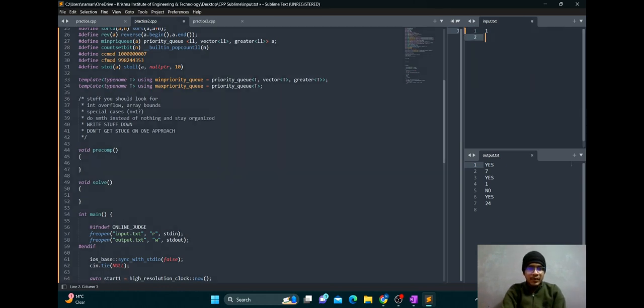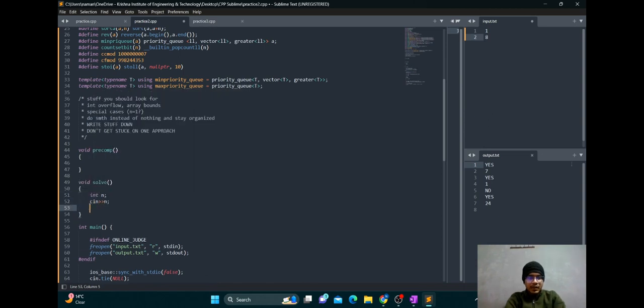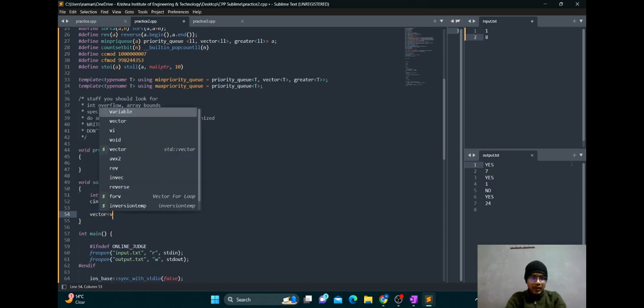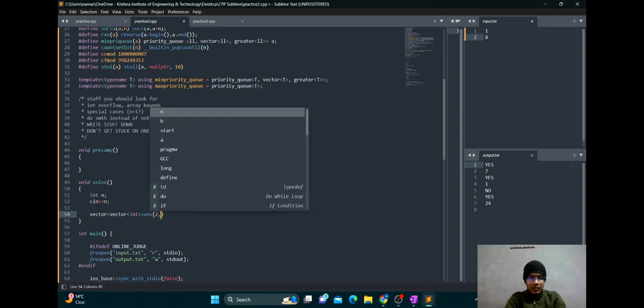It is the number of test cases, and for example we have to find the eighth number. First we will take the input, and then we will declare the identity matrix, a vector of vector of answer of size 2.